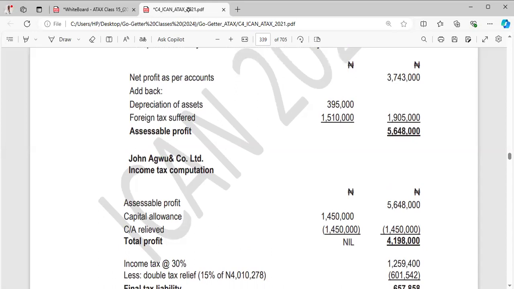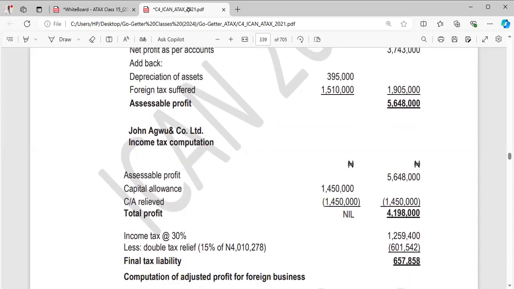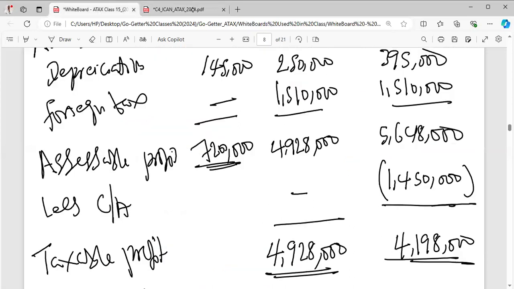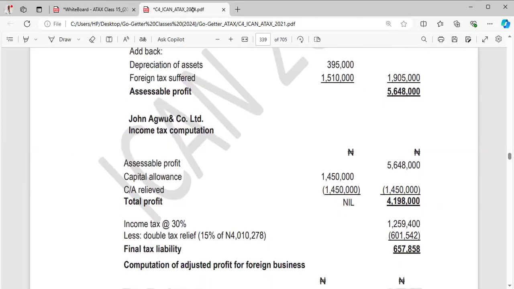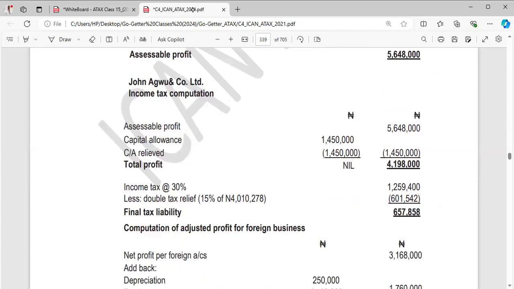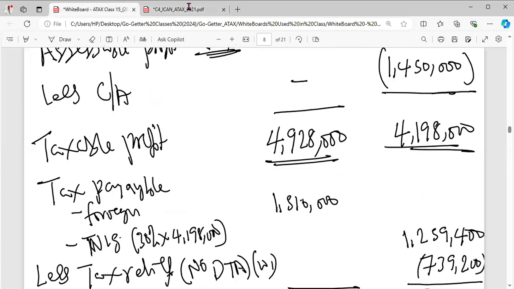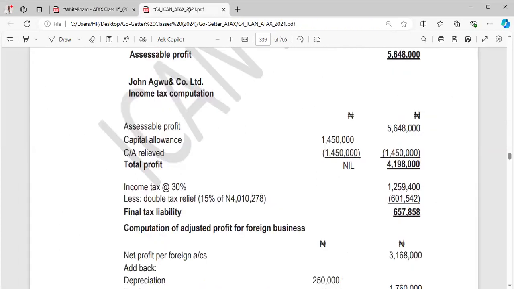Less capital allowance, we got the same total profit. Then we have 30% of Nigerian tax. 30% is the same thing. Less double taxation relief.